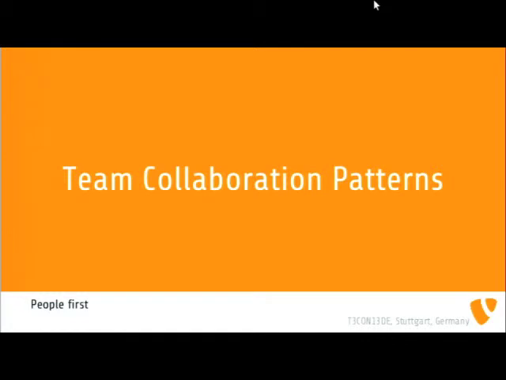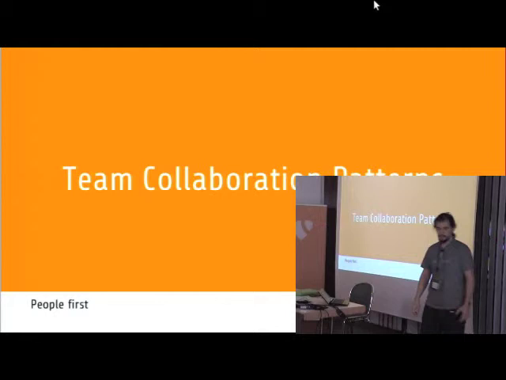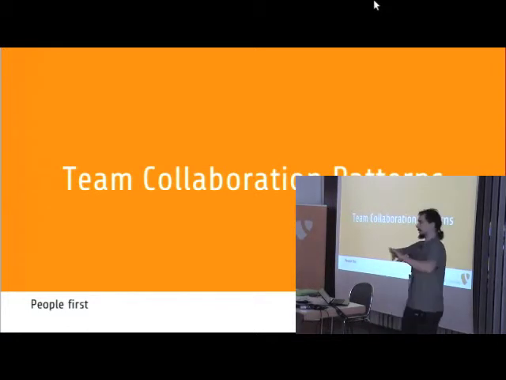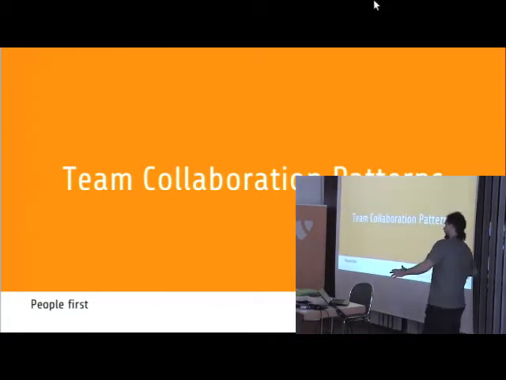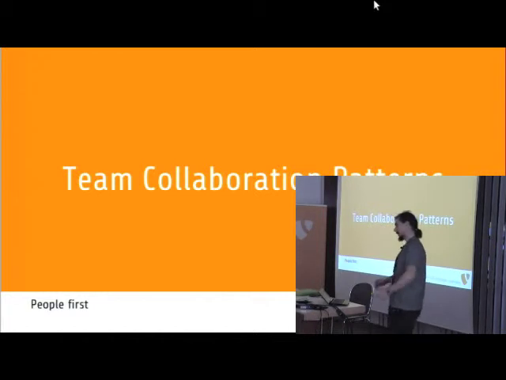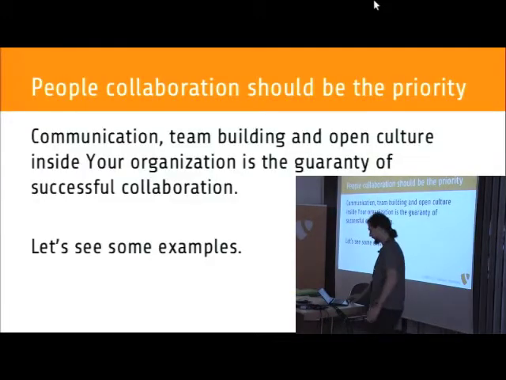Let's speak first about team collaboration patterns, because in IT, first of all, these are people. People stand in the first row, and we could imagine any technological solutions behind, but if people couldn't implement it, it's not effective. So, team collaboration patterns.